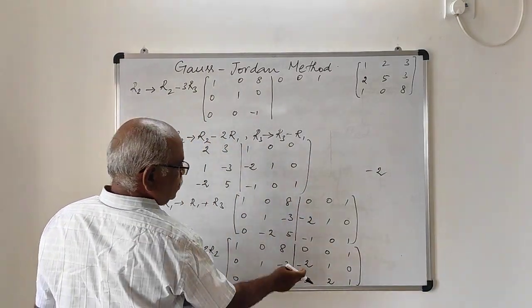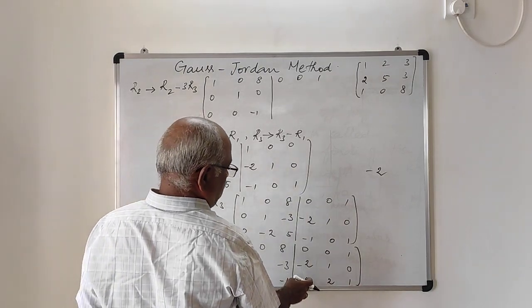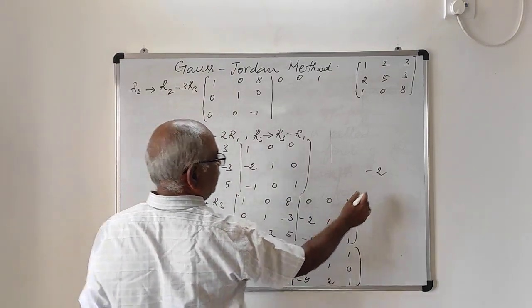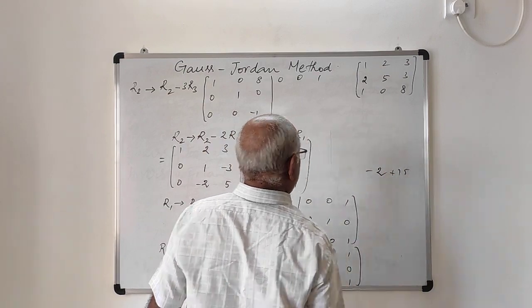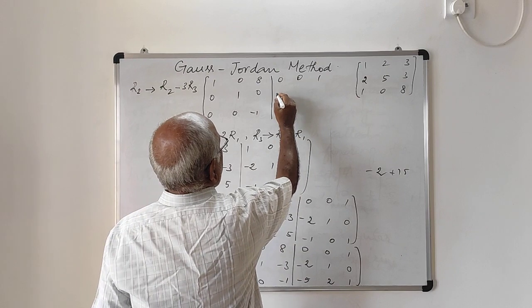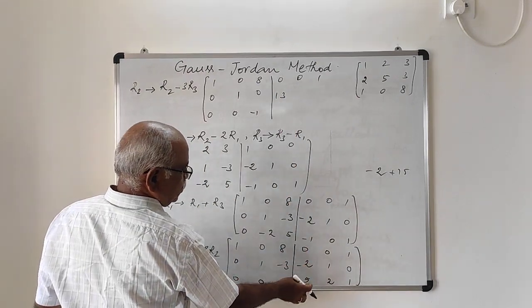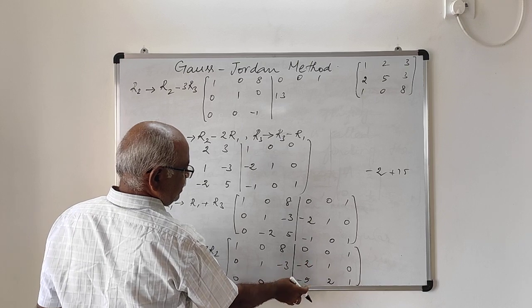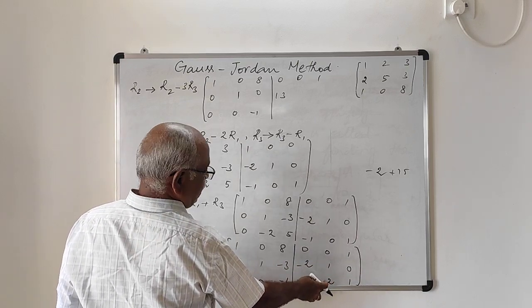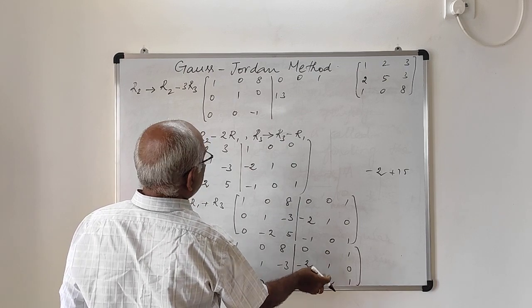R2 is minus 2. 3 times R3 means 15, so minus 2 plus 15 is 13. So this becomes 13. R2 minus 3 times R3 minus 6: 1 minus 6 is minus 5.